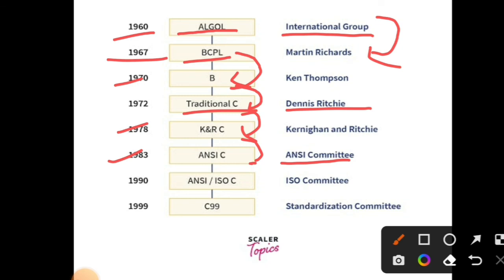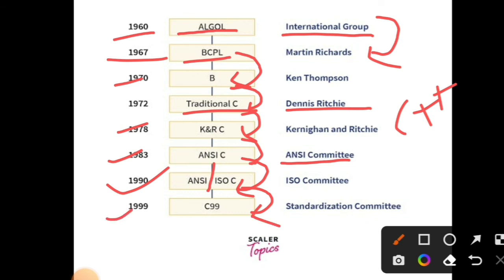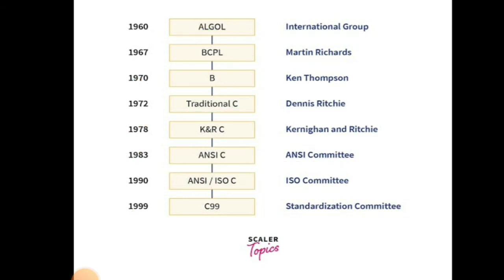Next, in 1990, the ISO committee, the International Standards Organization, approved this ANSI standard. So that's why it is ANSI or ISO C. Later, the C++ and Java features were added to C, and that's why the name was C99, from the Standardization Committee. By this, the history of C is completed.